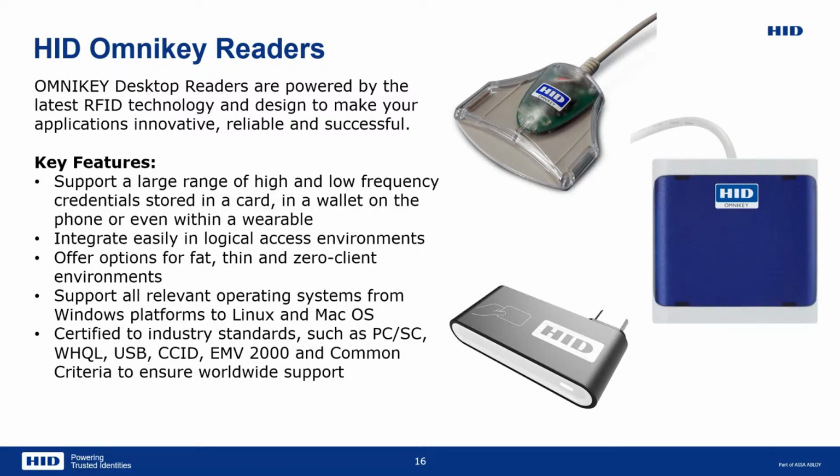The only thing it's going to read is a contact chip on a smart card that you put into it. Whereas the second one, the blue one, is contactless, which means you could use a card or a phone with NFC. You have a lot of different options for the form factor. Same with the bottom one, which is just a different form factor of a contactless reader.